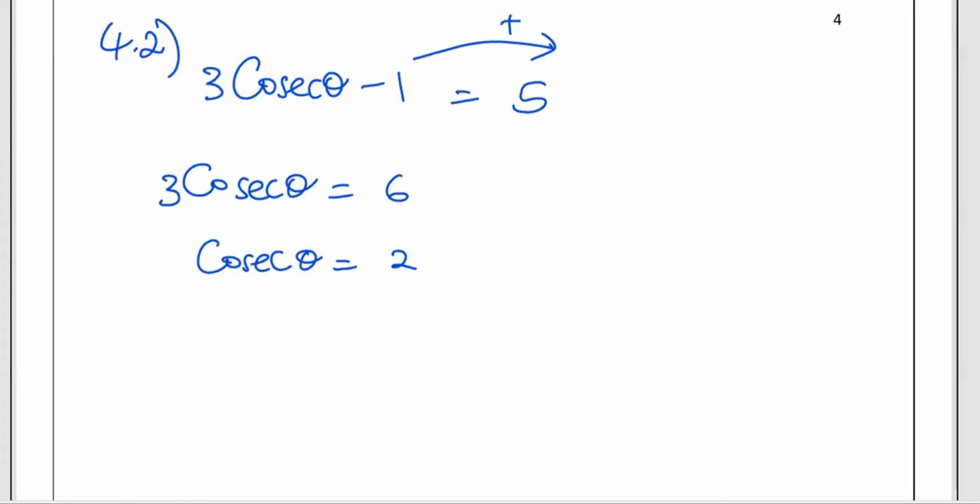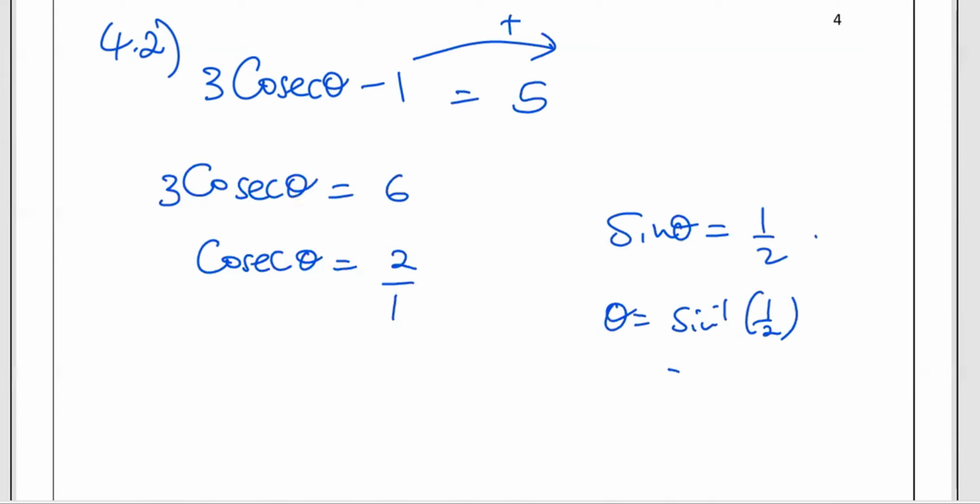Okay, but we know that cosec is the reciprocal of sine. So it's as good as me saying that the sine of theta, and then I change this ratio around, is 1 over 2. And then I'll have to find the theta by simply using the shift sine over half.